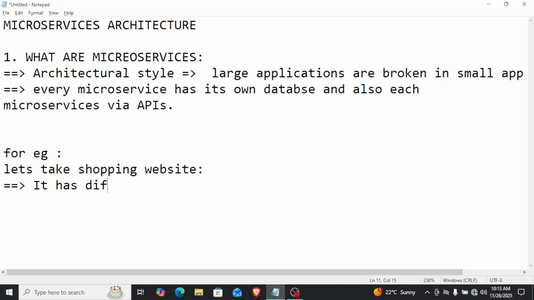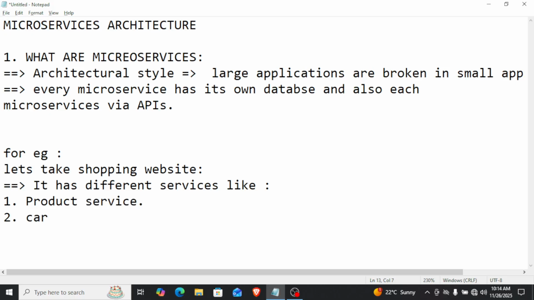The first service is product service, and the second one is cart service, where whatever products you like, you need to add into cart before placing the order. So it is a separate service.